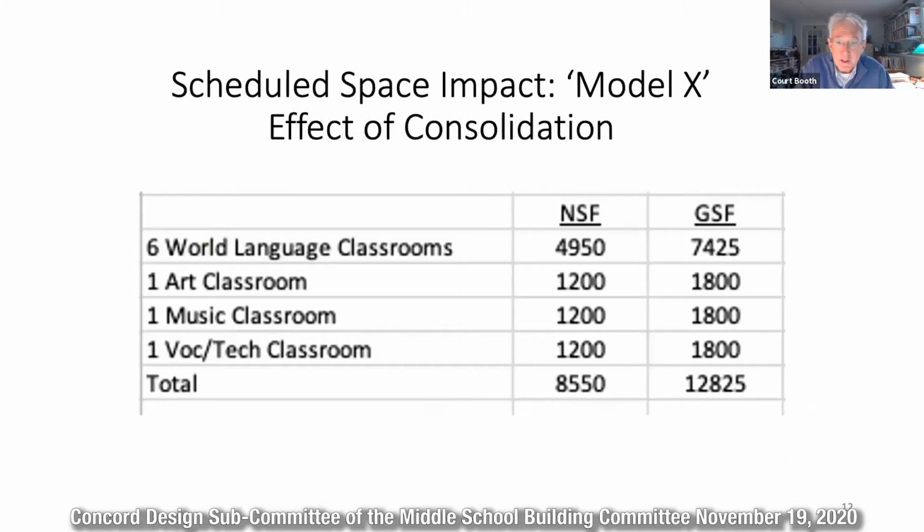So again, this consolidation, what would this do for net square feet? It'd be a yield or a savings of 8,500 square feet, or 13,000 on a gross level, grossed up. I won't belabor this one because we're not promoting it. We're simply looking at one potential what if.